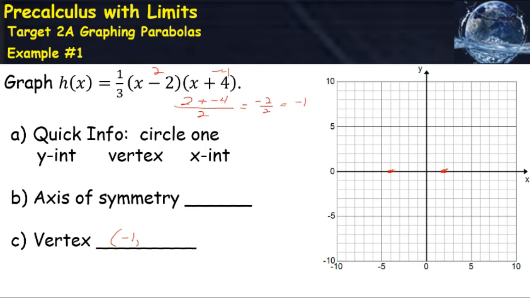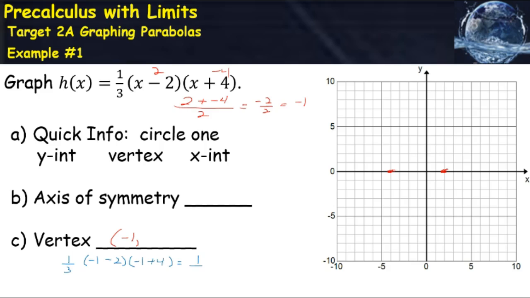Now I just have to find the y value. I'm going to take that -1 and plug it into this equation. So I get 1/3, and then x is -1, so -1 minus 2, then -1 plus 4.